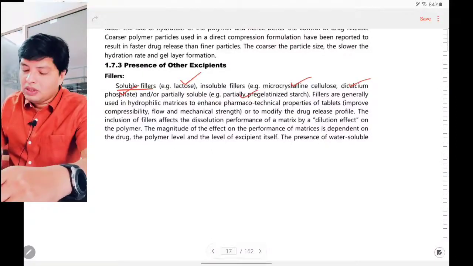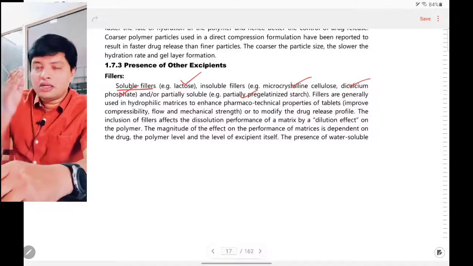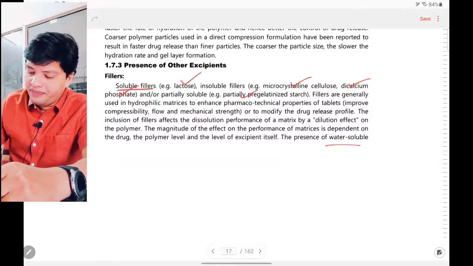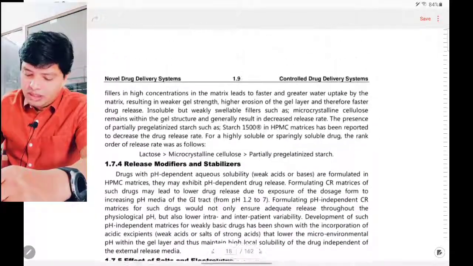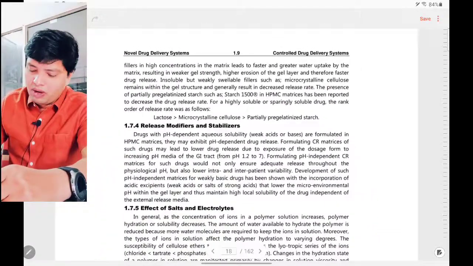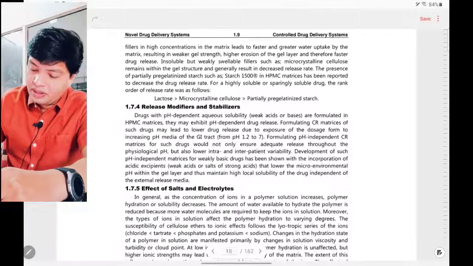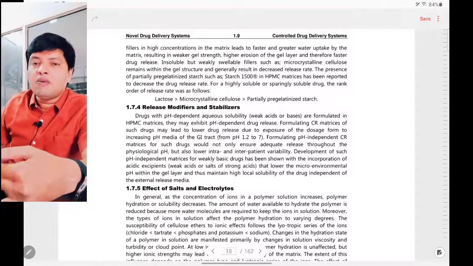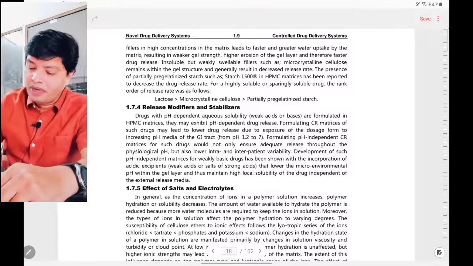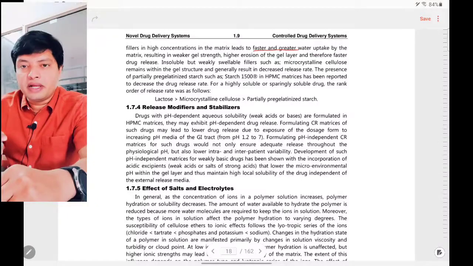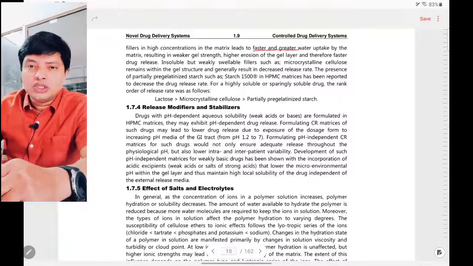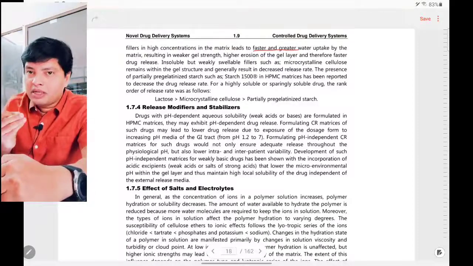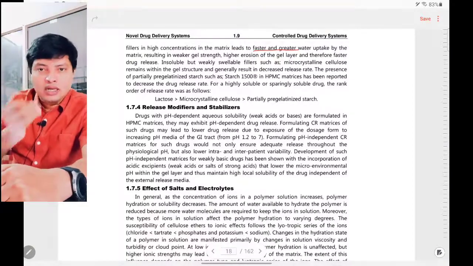Now what happens if we use soluble filler, insoluble and partially soluble filler? If we use soluble filler, you can check here. Because the filler is soluble, it will increase the water uptake capacity. Faster and greater water uptake will happen there. Due to this, there will be no time given for the polymer which is used to retard the release.